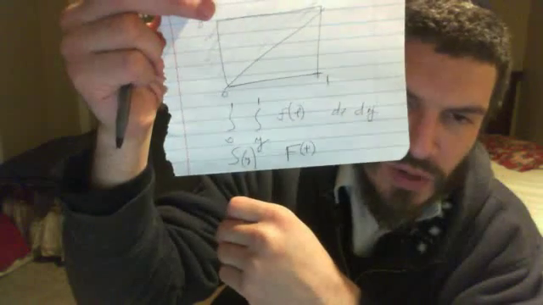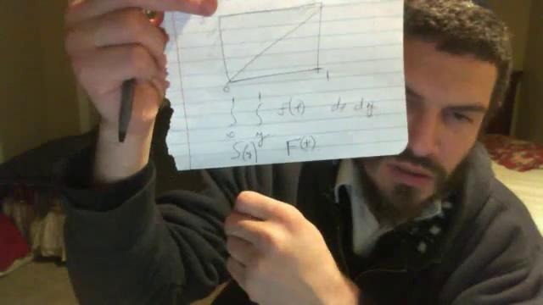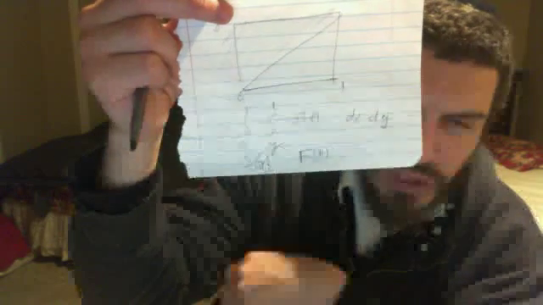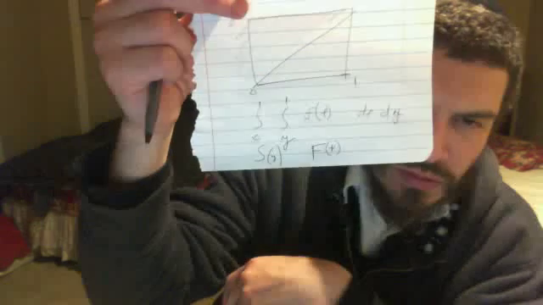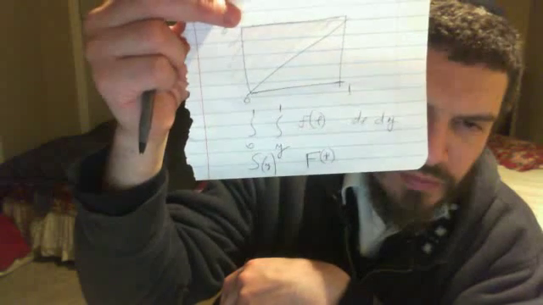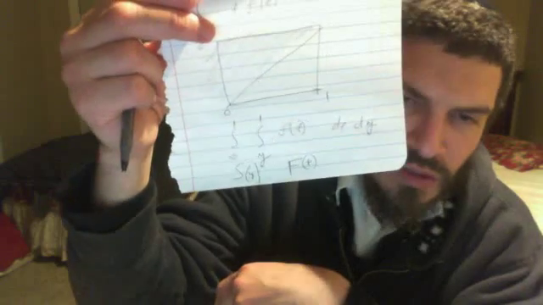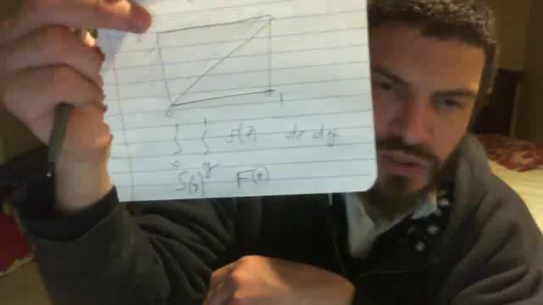So this is the sy. Now, once we define this function that's called sy, we just take all the y values from 1 to 0.